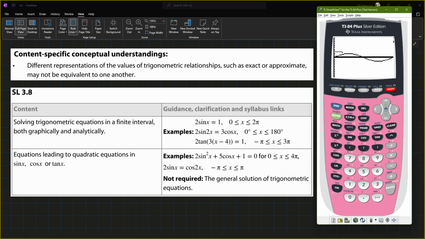See, a good smooth graph, and we see some intersection points. And it's hard to see, so let's change the window again. Perhaps we'll change the x scale to something like 30. And then y min and y max, let's change to like -2 and 2.